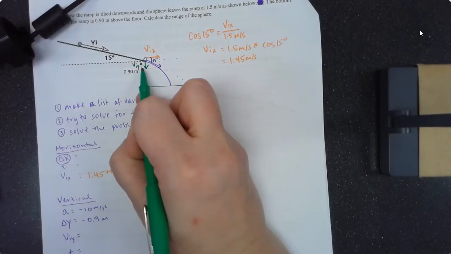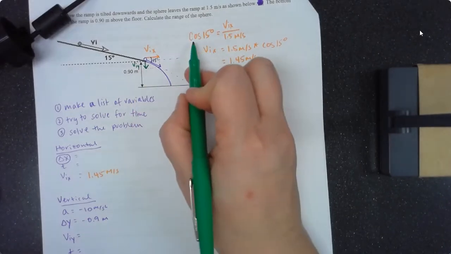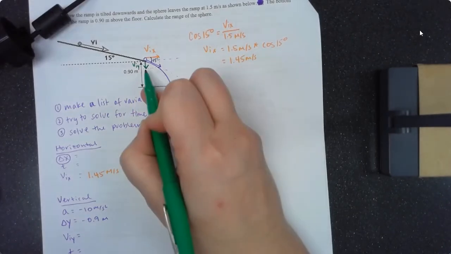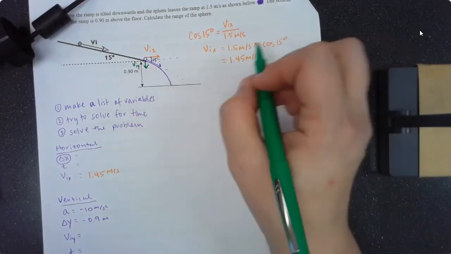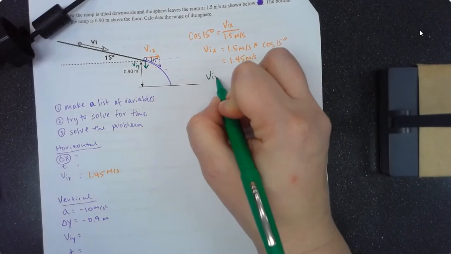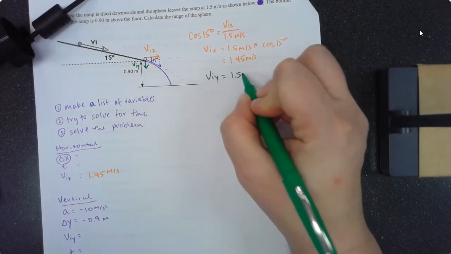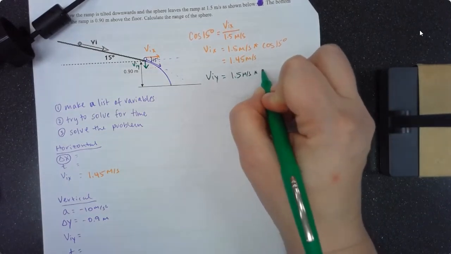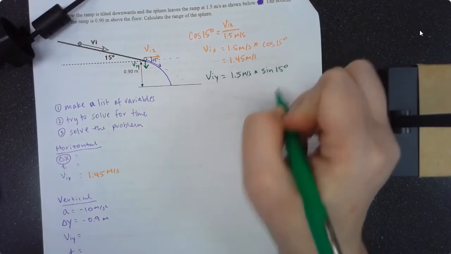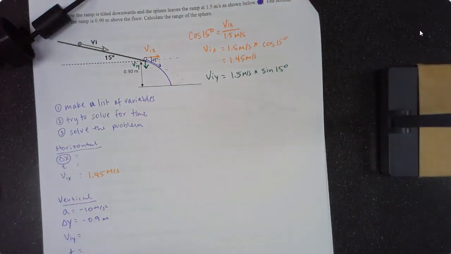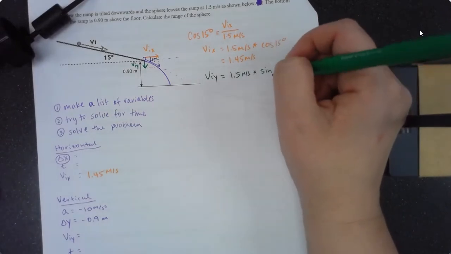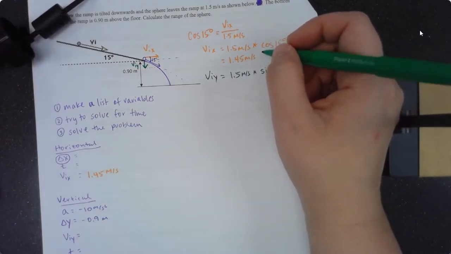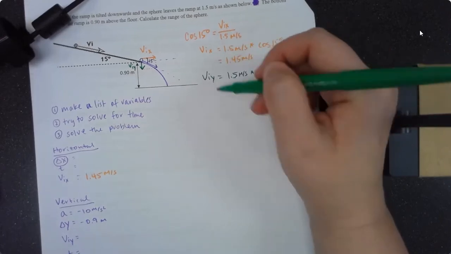So for the other one, I'm going to have a similar form. I'm going to have the sine of 15 degrees to solve for my vertical, and I'm going to swap this out for the vertical thing. After a while, you notice some patterns, like I could just go straight to this: 1.5 meters per second times the sine of 15 degrees is going to give me my vertical velocity. So I just switched out the trig, and then I swapped out my variable over here.